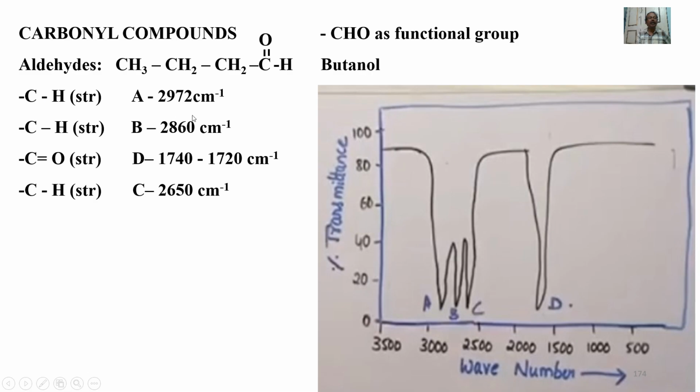And we observe another CH stretching in CH2, which lies at B, located here in the graph, which is 2860 per centimeter. And next one is CO stretching, which lies at this point D, which is equal to 1740 to 1720 per centimeter. And the last one is CH stretching, located at C, which lies at 2650 per centimeter.